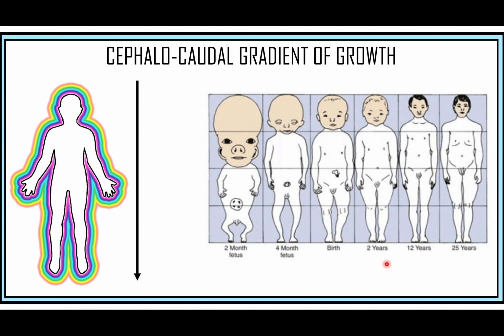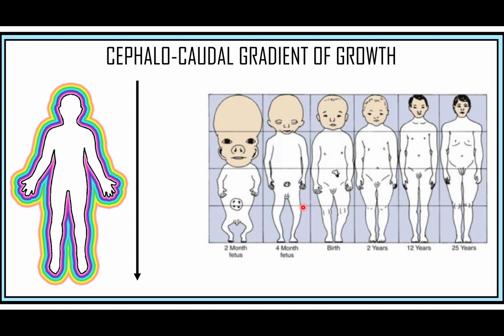In the start, the head takes up to 50% of total body length, around the second or third month of intrauterine life. At the time of birth, the trunk and limbs have grown more than the head, thereby reducing the head to almost 30% of body length.